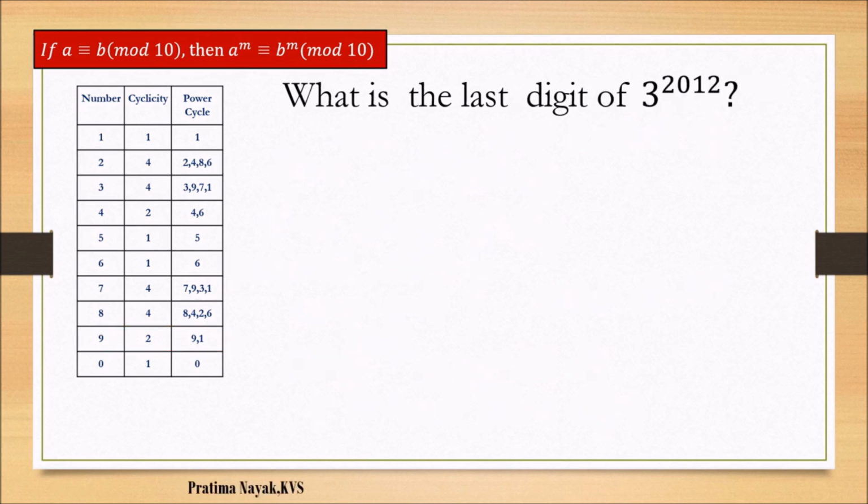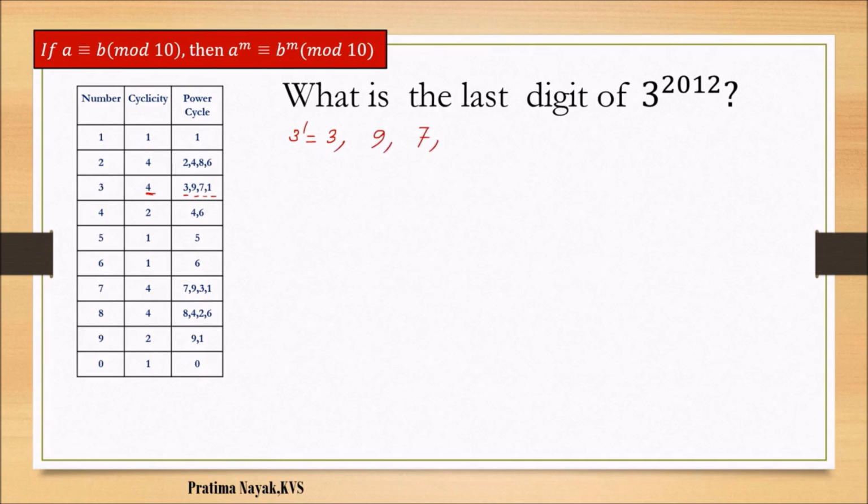So what is the last digit of 3 raised to the power 2012? We have to see the cyclicity of 3. The cycle is 4. After 4 it is repeated: 3, 9, 7, 1. 3 raised to the power 1 is 3. Then 9. Then 27, ends in 7.